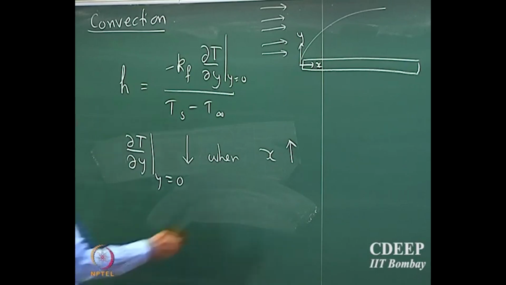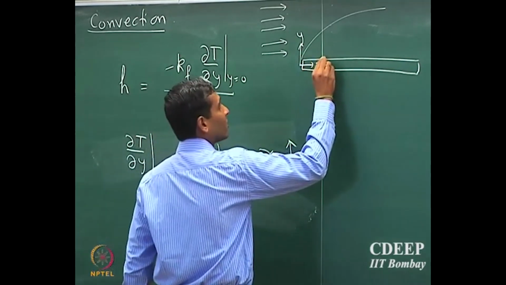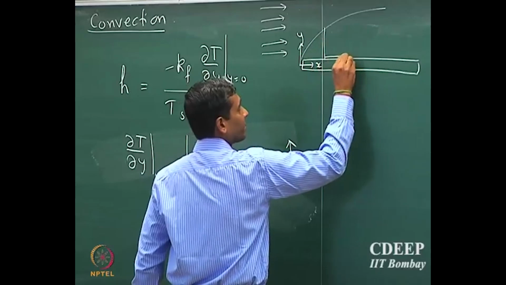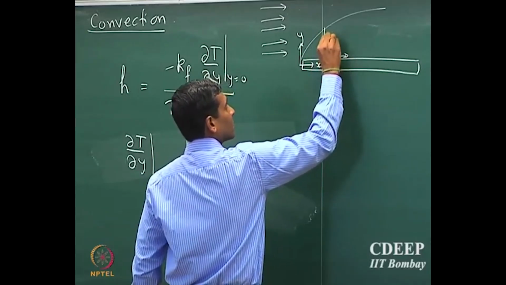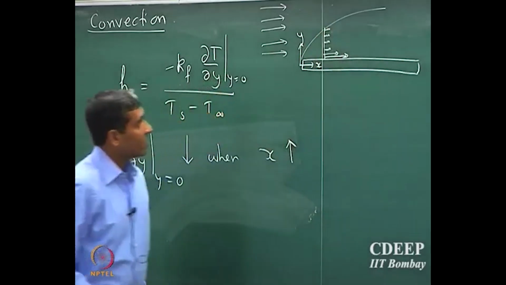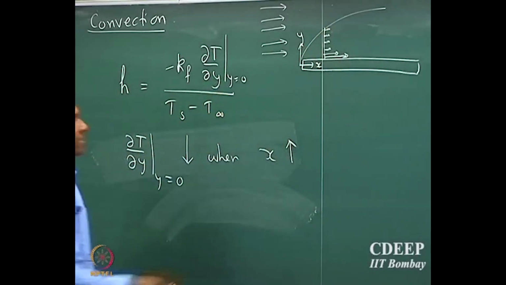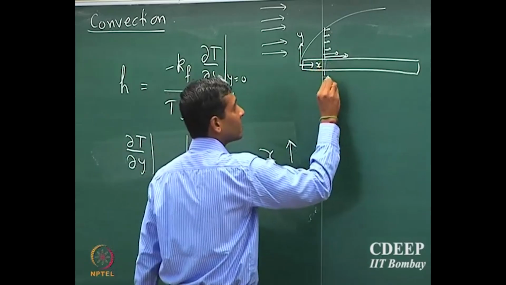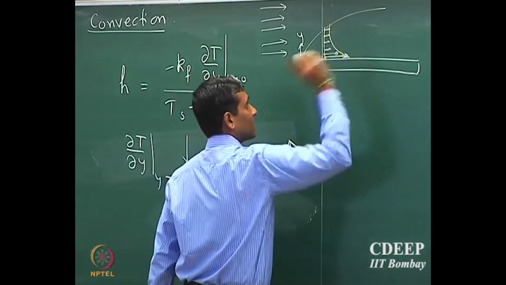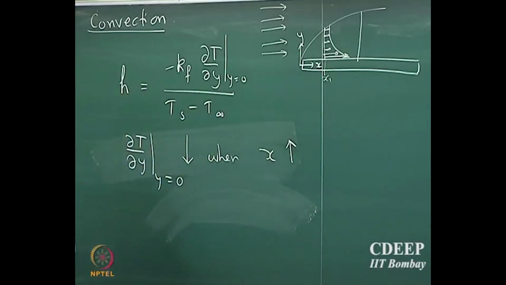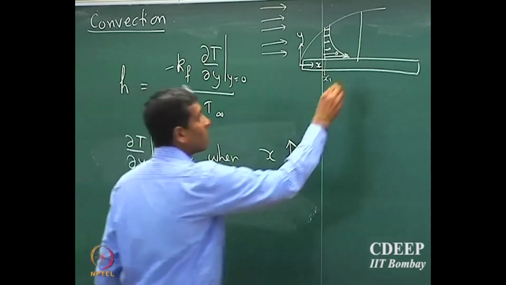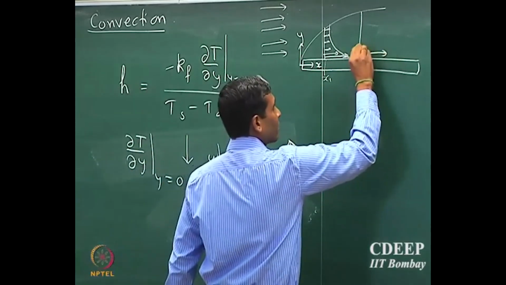So this is the gradient at x equal to x1, y equal to 0. So we can sketch it. If that's the profile at, let's say, this location x1, at some other location, because the fluid is now exposed to the plate for a longer period of time, more heat would have been transported.